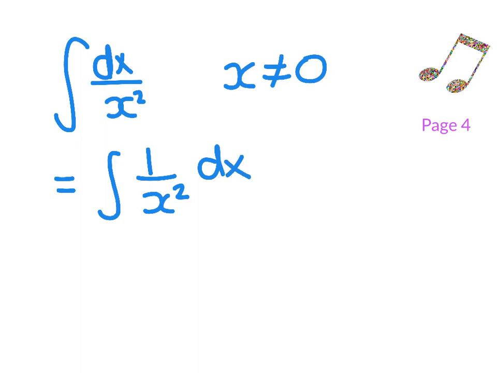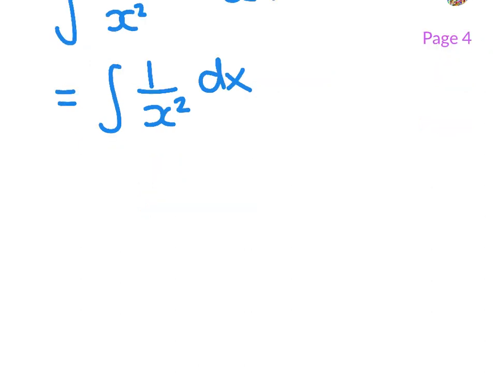Remember, the dx is the notation that we use in integration when we're integrating with respect to x. So when you see the dx on the top like this, you can separate it. The other thing that's additional information here is it says x can't be equal to 0. That's just because in this function we're dividing by x squared and we're not allowed to divide by 0.